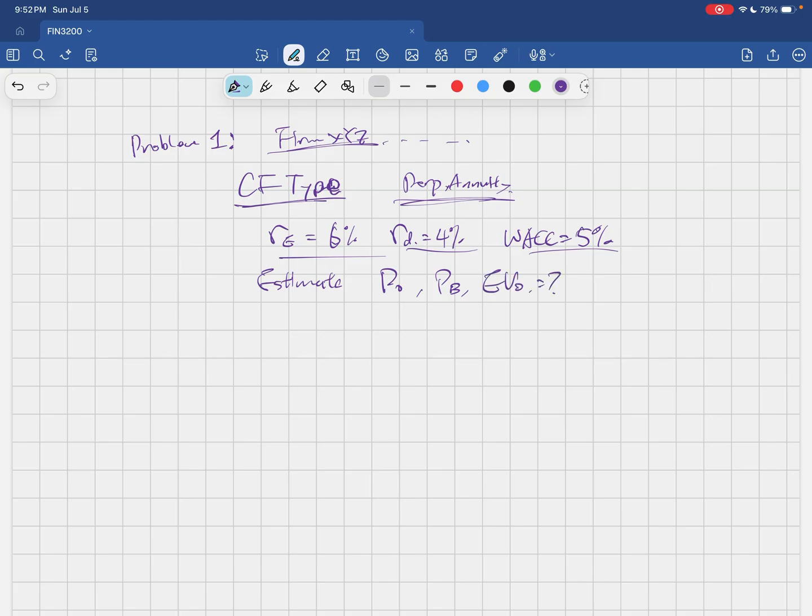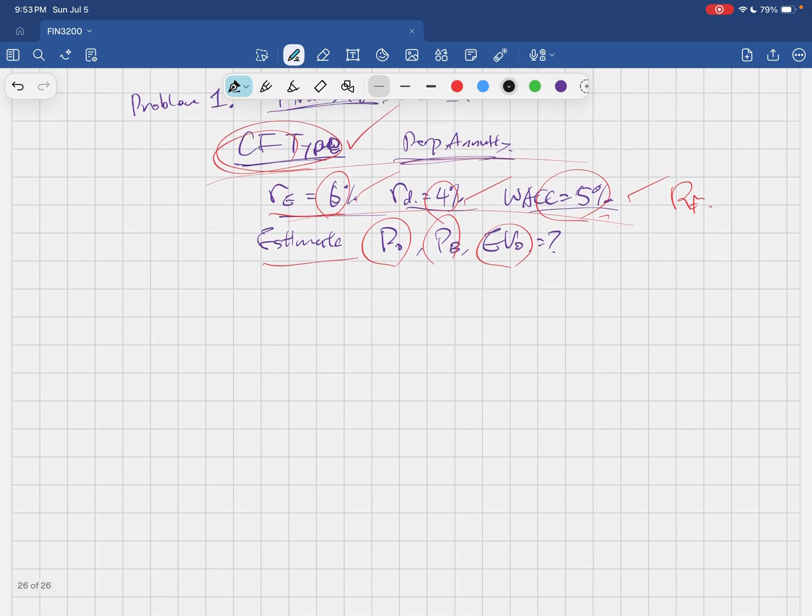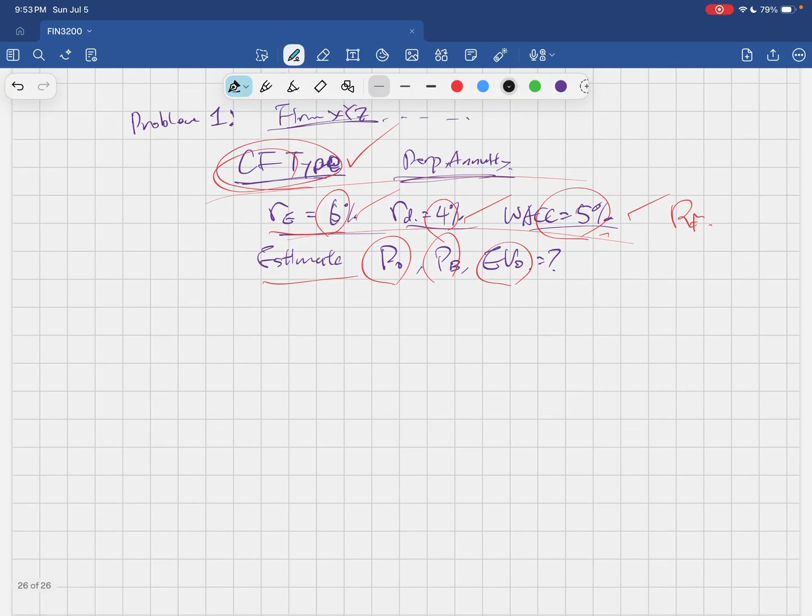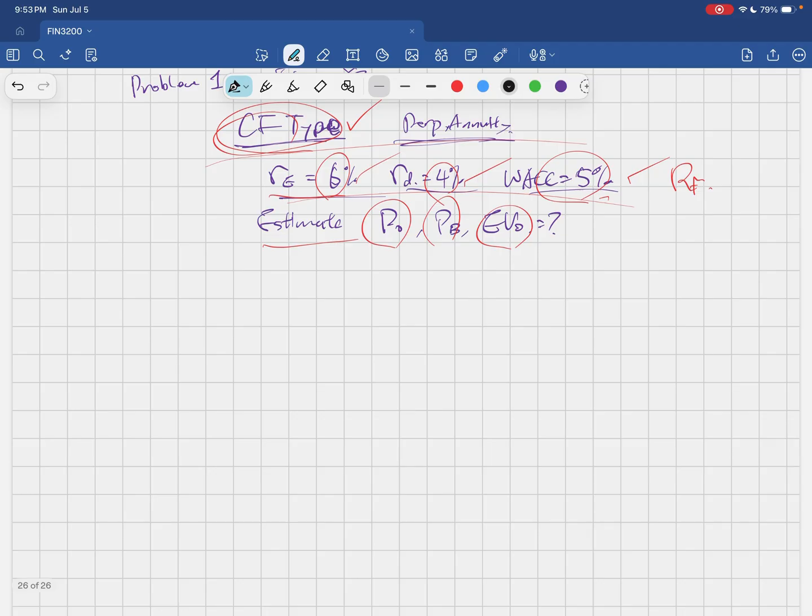So your job is to see what type of cash flow you're dealing with, basically who gets them, so you can choose the appropriate R, choose one of these 3, or I might give you RF too. And then estimate the value, whatever it's asking for. Now this looks all confusing, but I'll give you the table so it'll be easier.